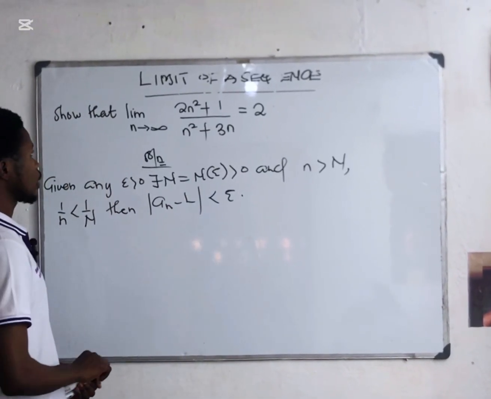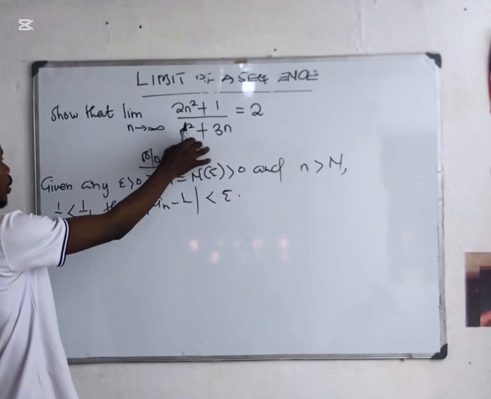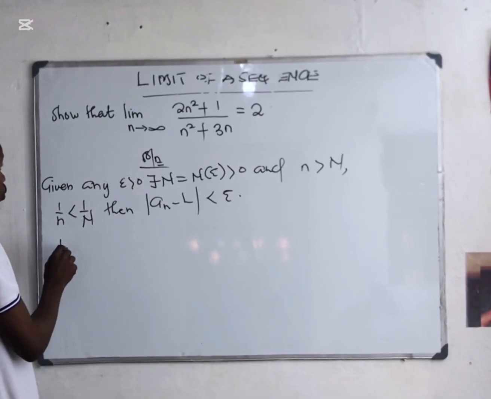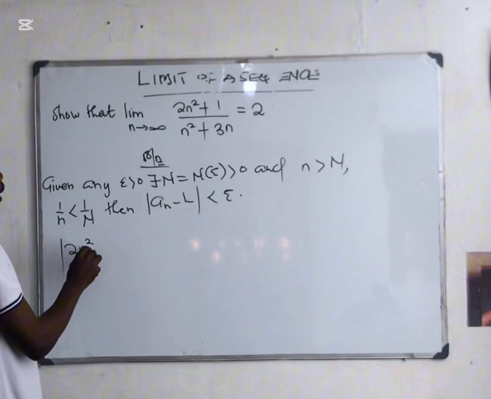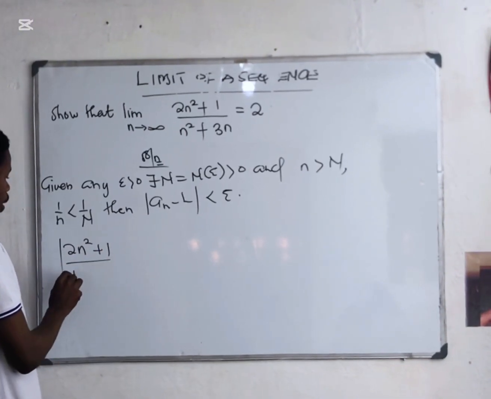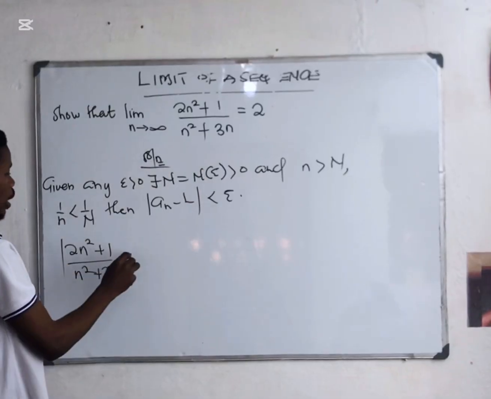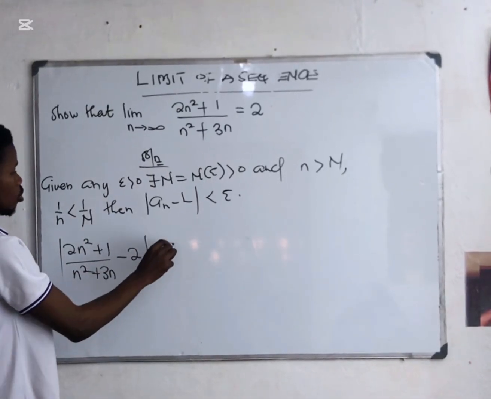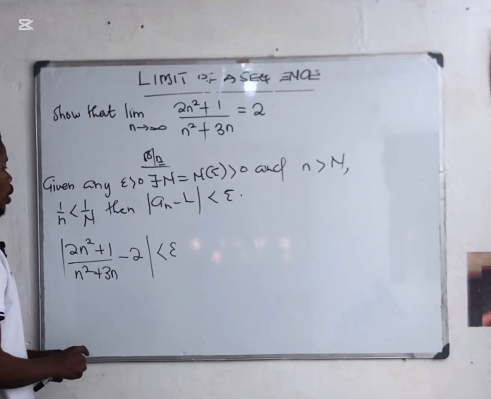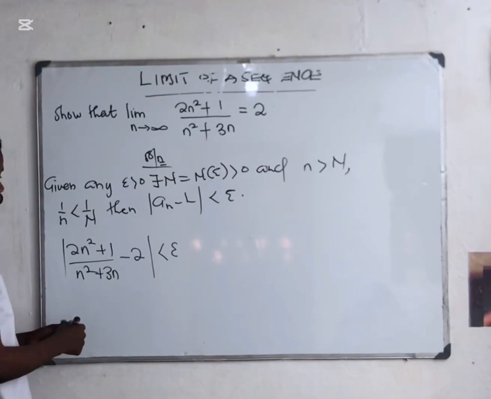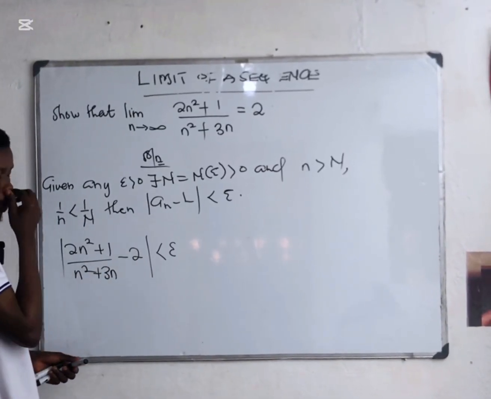So you realize that if I take this, which is 2n squared plus 1, all divided by n squared plus 3n, minus the L, which is the answer, we are saying that it should be less than epsilon. Now let me solve this one.